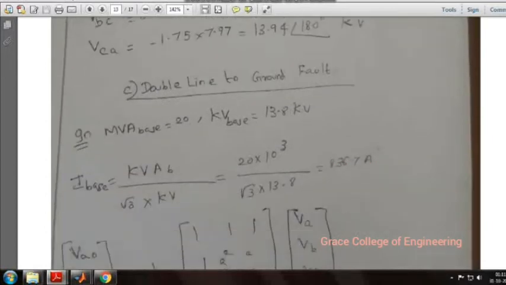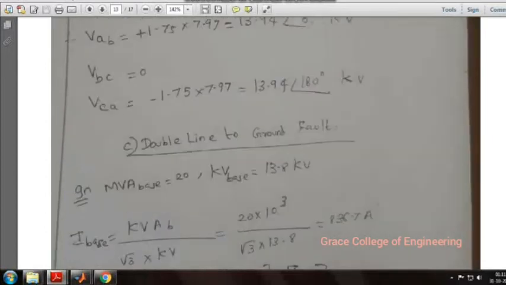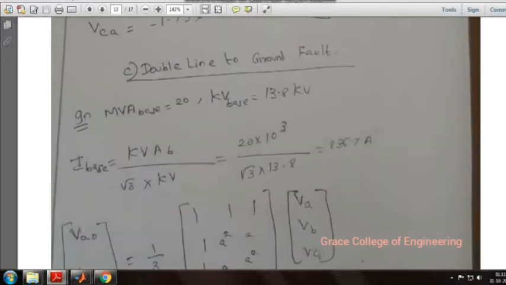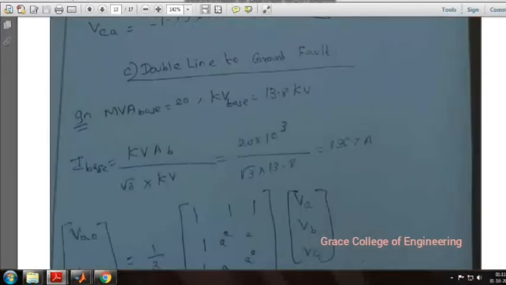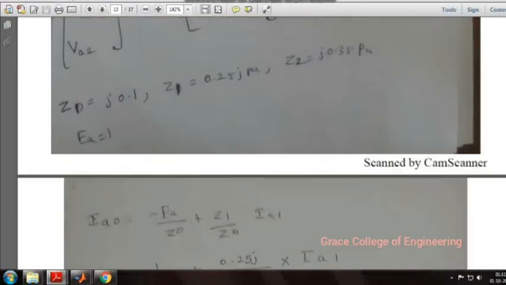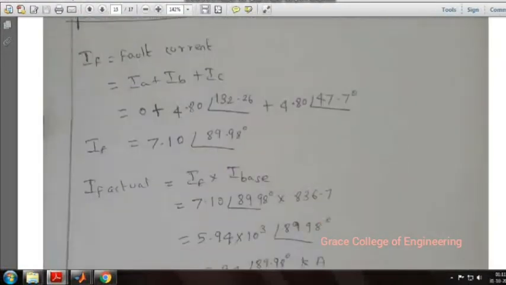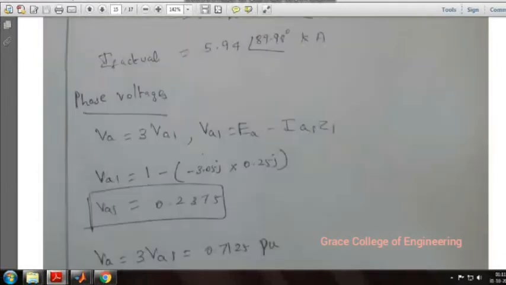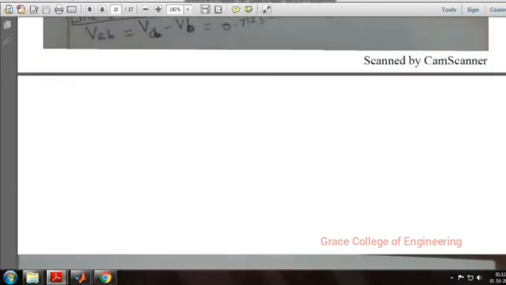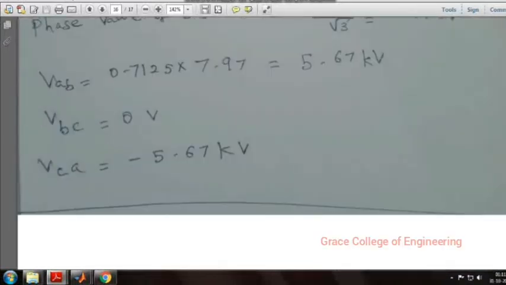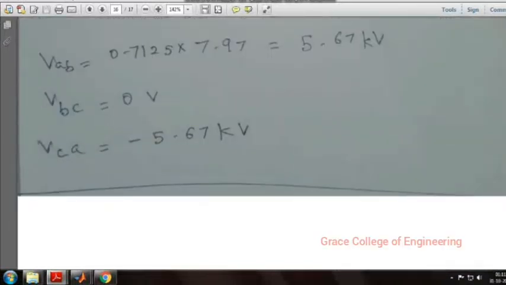And for line to line fault also, we can calculate the phase voltage value. And for double line to ground fault, we have to calculate the fault current value. There are formula differences and output voltage values are also different.